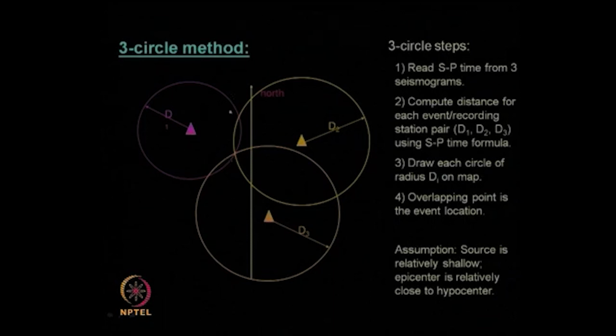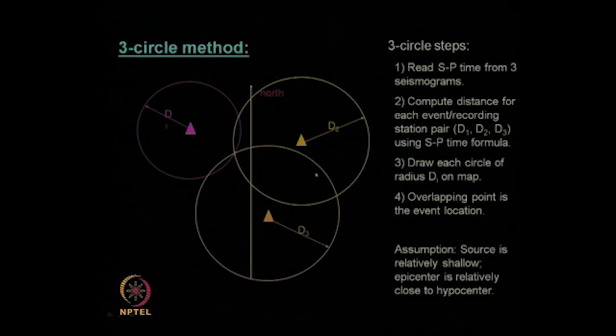That is the reason we have drawn a circle. We know the distance, but whether it is in the west, east, north or south, we do not know. So, you have to draw a circle at a distance of d1. On any point of it, the earthquake epicenter is possible, as far as this distance d1 is concerned.